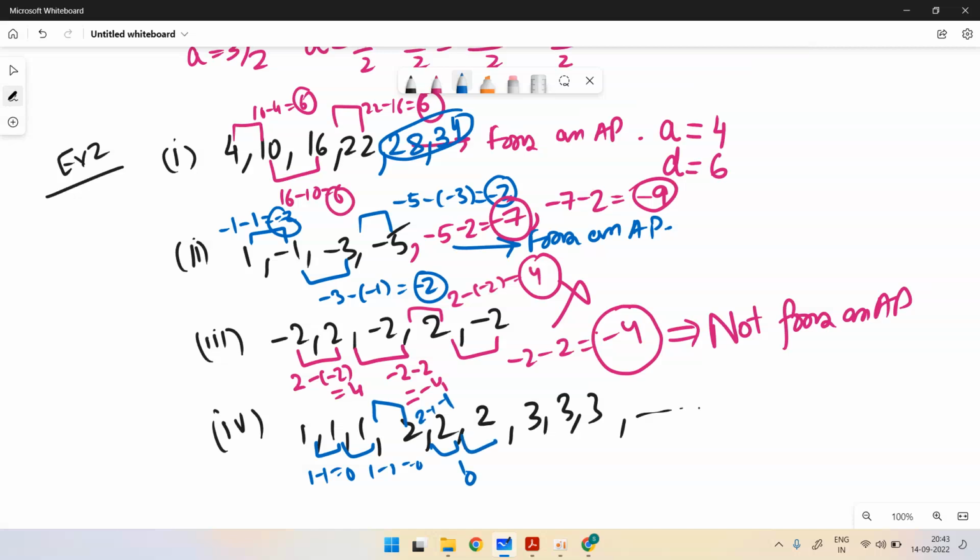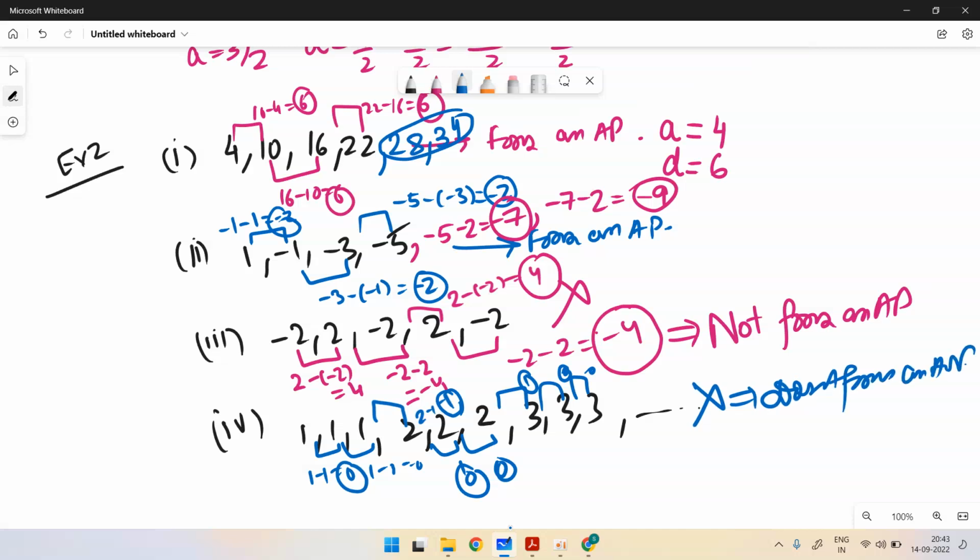So the common difference varies: there is 0, there is 1, there is 0, 0, this is again 1, 0. Since the common difference is not the same, this does not form an AP. It also does not form an arithmetic progression.